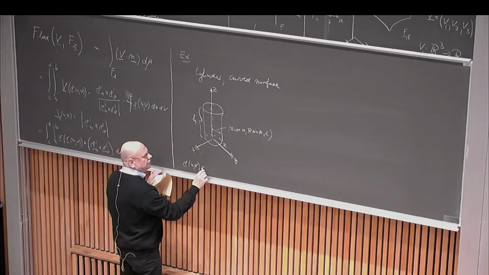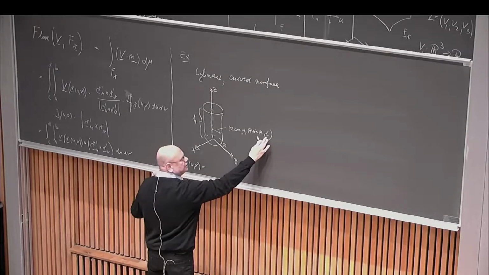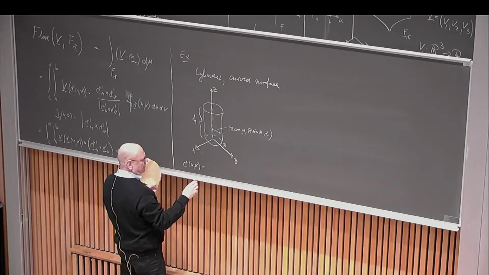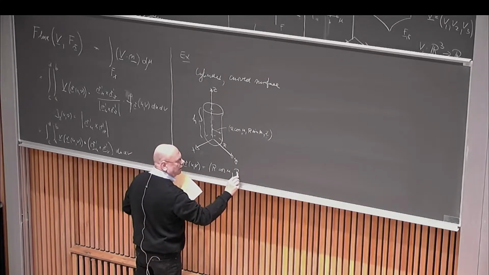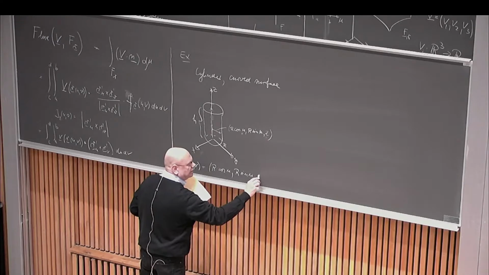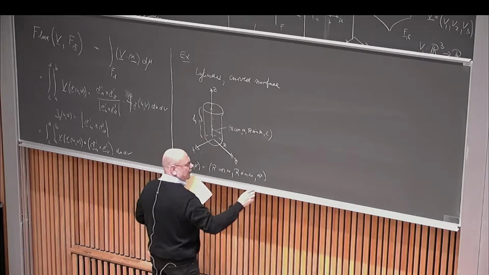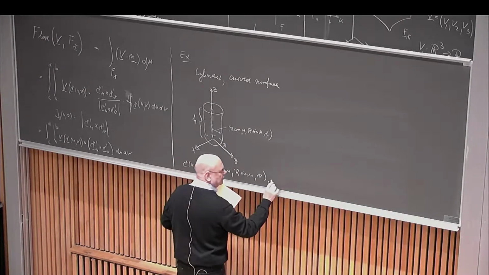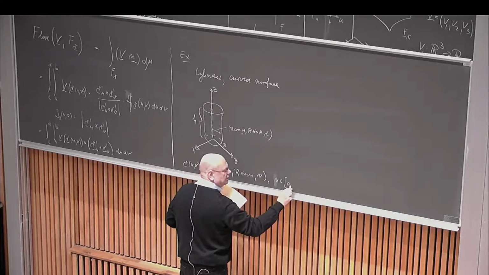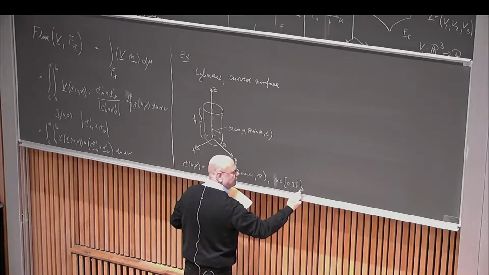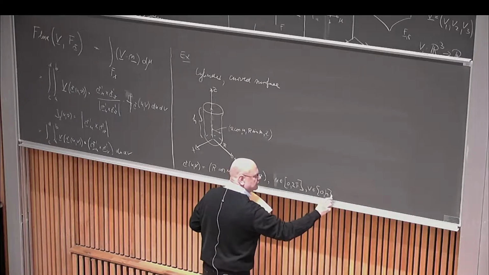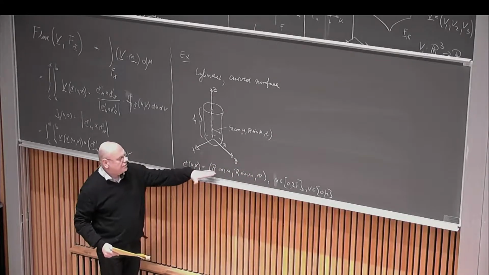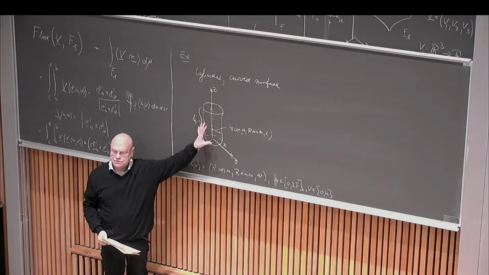And this means if you use, for z, the parameter v, then you get this parametric representation: r cosine u, r sine u, and then v. And if you look at the parameters, u should be in this interval from 0 to 2 pi, and v should be in this interval from 0 to h. So this is simply a parametric representation of this curved surface.